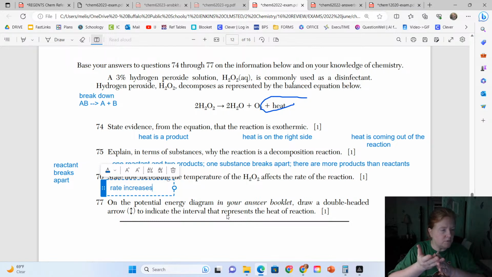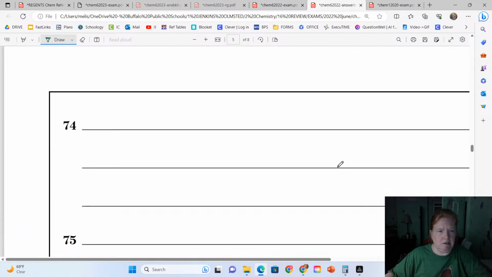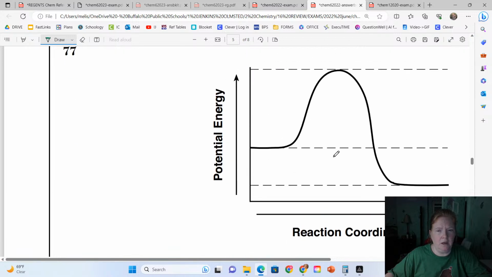You could also increase rate by adding a catalyst, by increasing concentration, by increasing surface area. And then 77, heat of reaction is the difference between products and reactants. They wanted you to draw a double arrow like that.